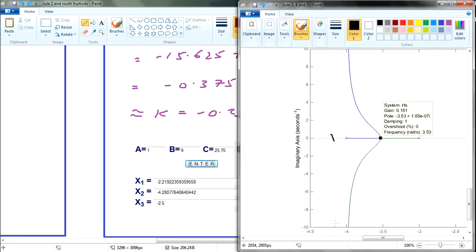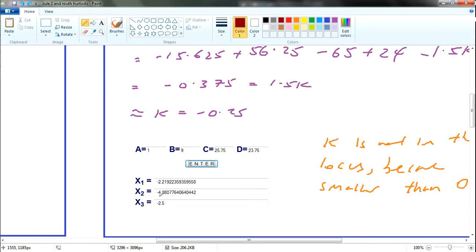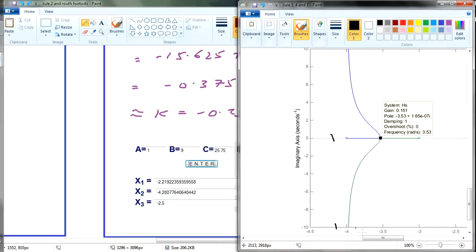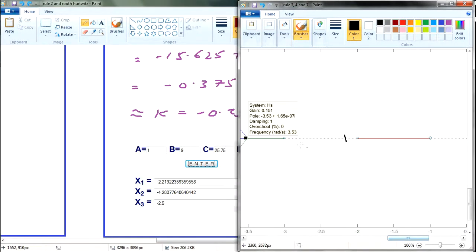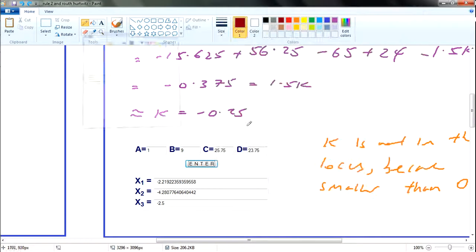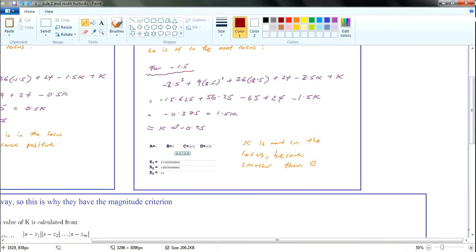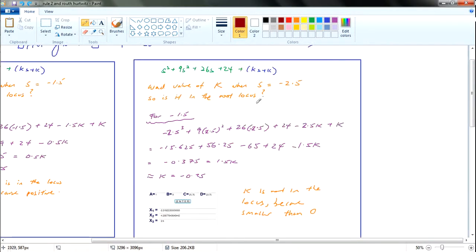And minus 2.5 is also not in the root locus. So therefore, we can conclude that if your s is not in the root locus, your k value should be minus 0.25. So this is a method to see.